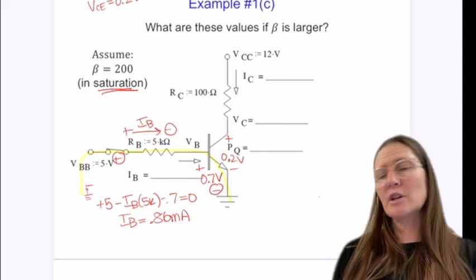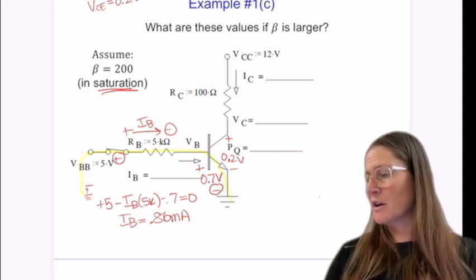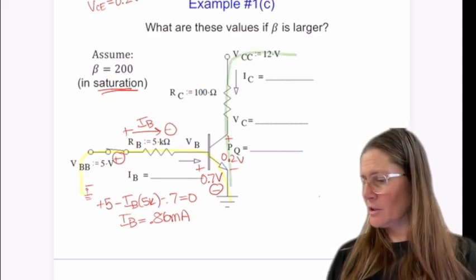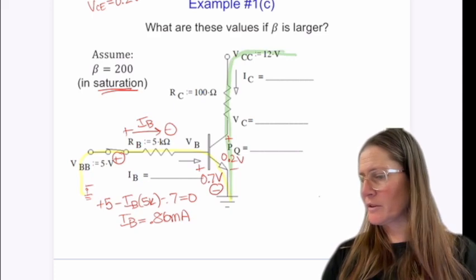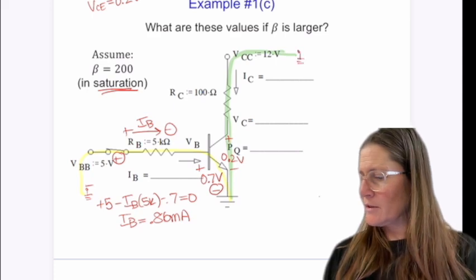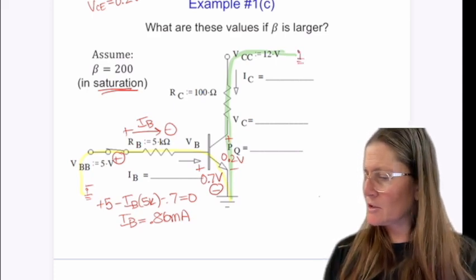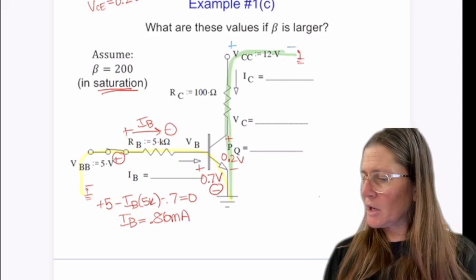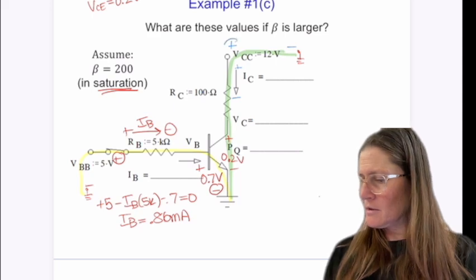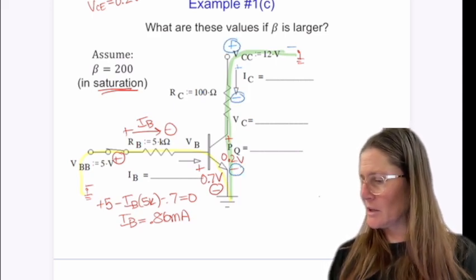So instead, we're going to have to take a pathway on the top. Here we take a pathway through this loop, plus to minus, so this is a plus, minus, minus.